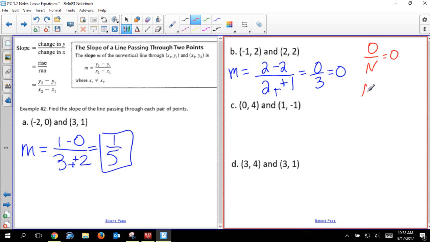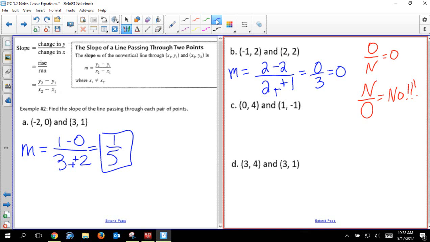But if you put a number over 0, no. See it? Number over 0 says no. That's the undefined one. You are not allowed to divide by 0. So number over 0 is undefined. If you have the 0 on top, it's okay. That's all.